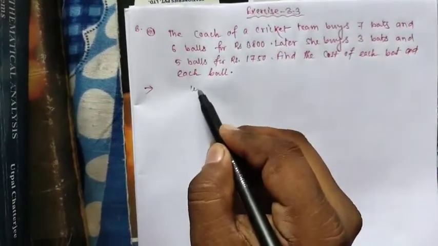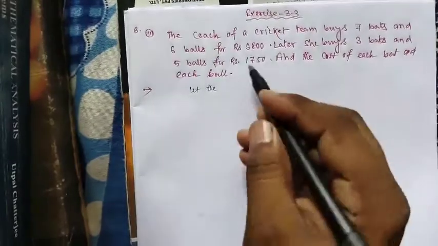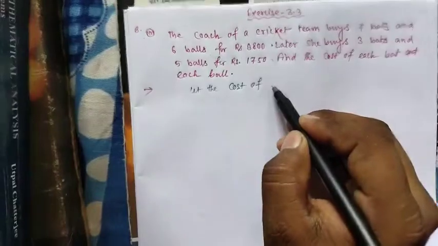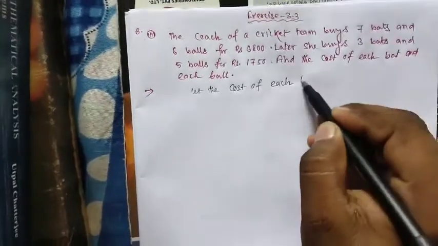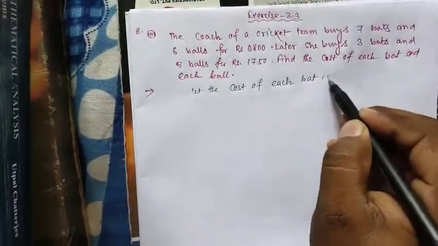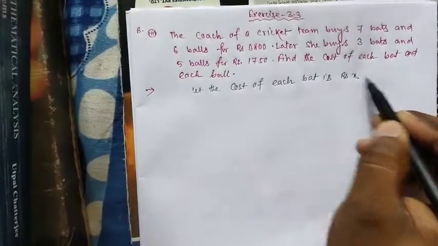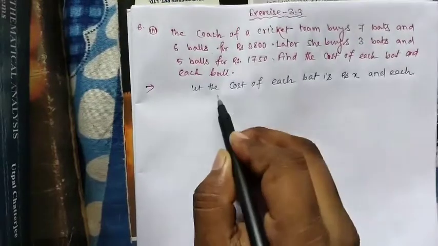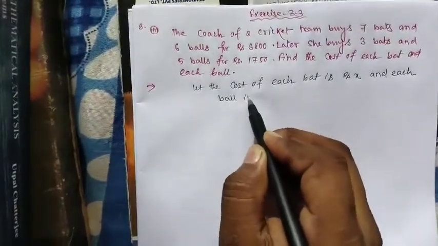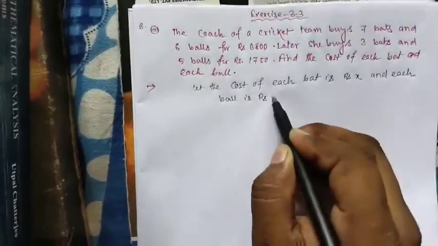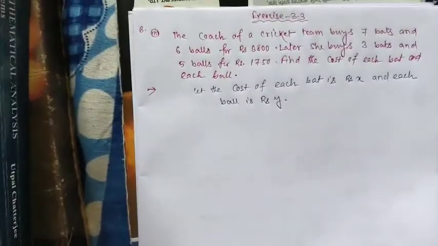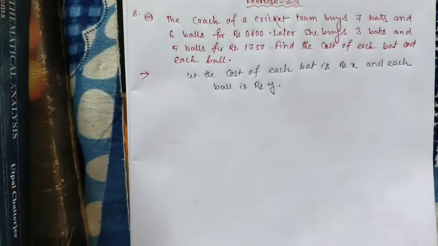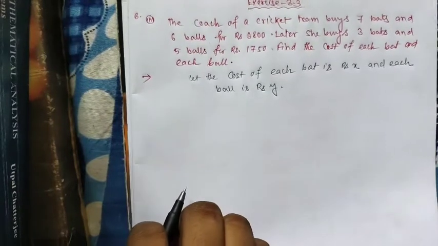So let the cost of each bat be rupees X and each ball be rupees Y. Okay, so the cost of each bat is X rupees and each ball is Y rupees.